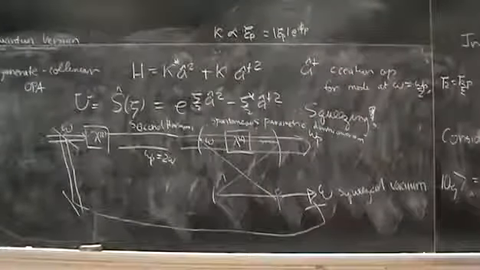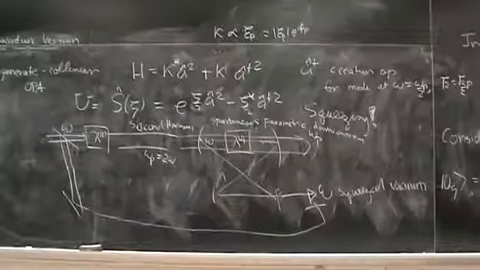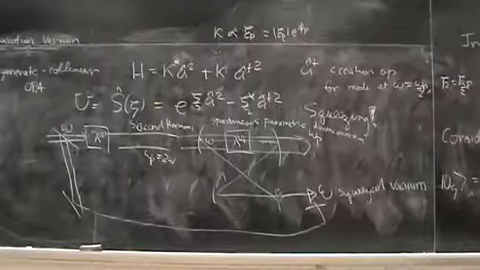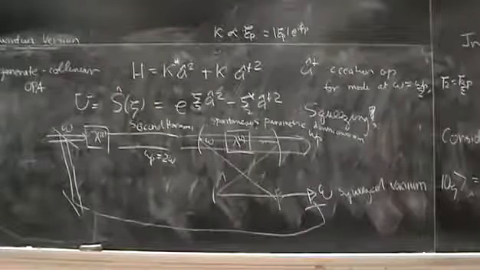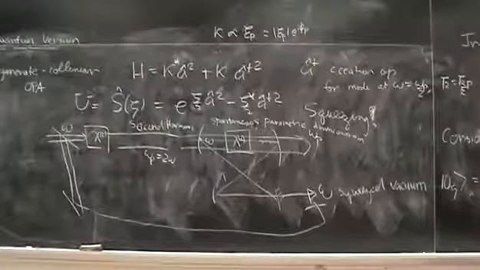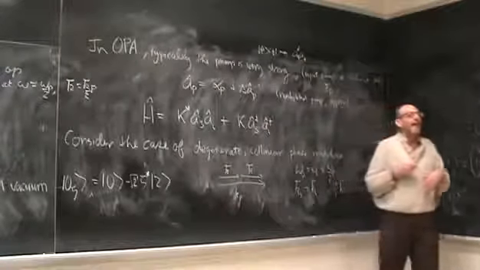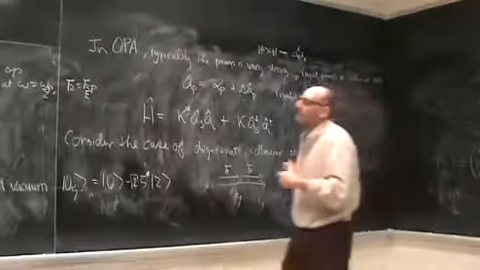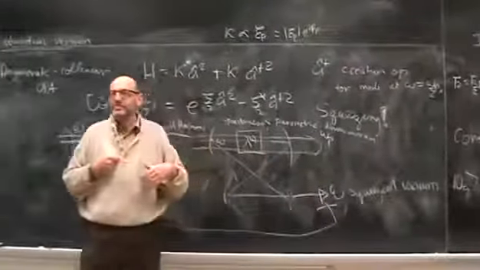Now, I should say that we started with a three-body effect, right? We started with the pump, the signal photon, and the idler photon, and they did something together. And we got rid of the pump photon by basically going to the mean field approximation for the pump. In some sense, we linearized our effect to the first non-trivial effect.